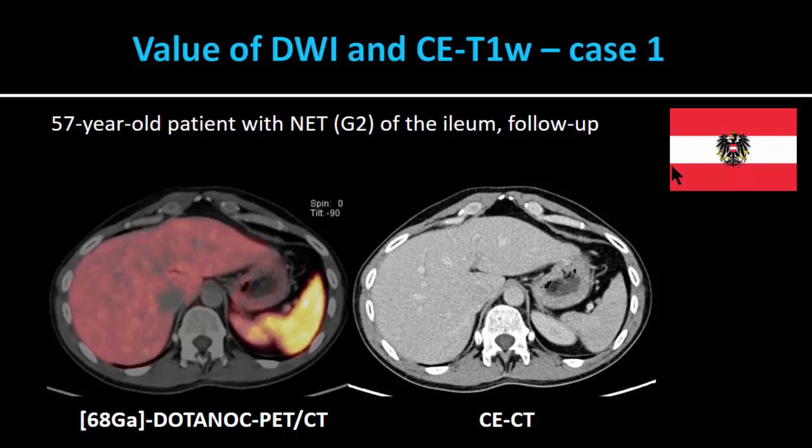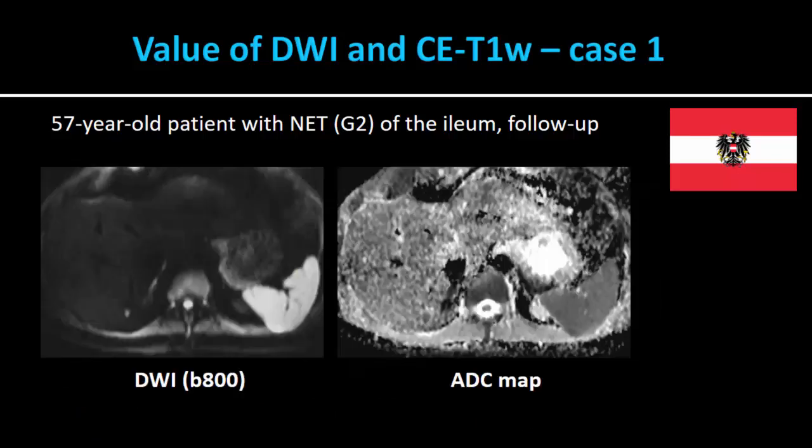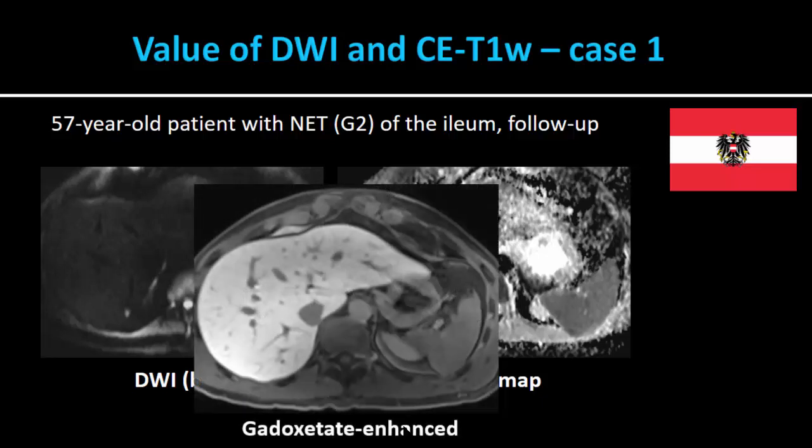So in this case, for instance, a patient with a neuroendocrine tumor in the small bowel, which was resected. This is a follow-up, and on the PET-CT, and the CT for that matter, you don't really see anything. Now then we performed the PET-MR, and on the DWI we saw this small lesion here, small as it is, but it shows a diffusion restriction. You can also see this on the gadoxetate enhanced imaging.